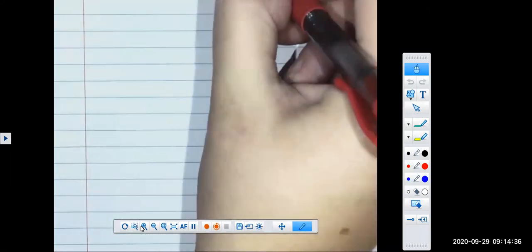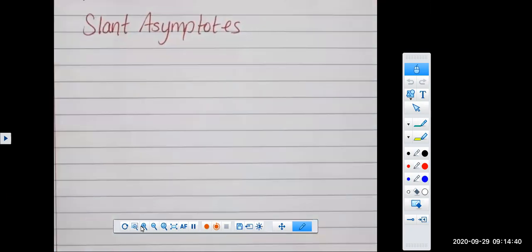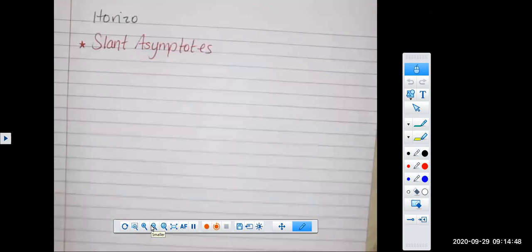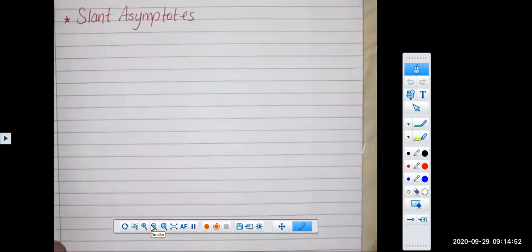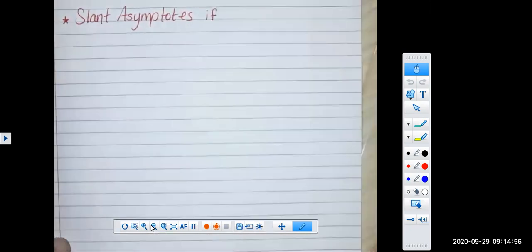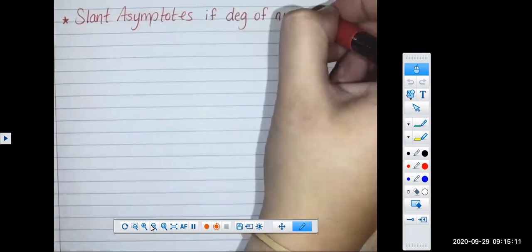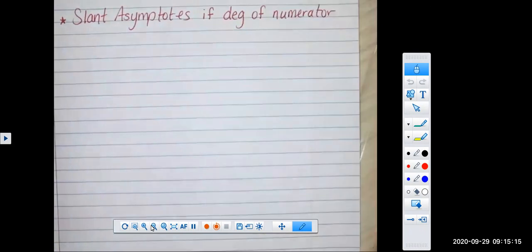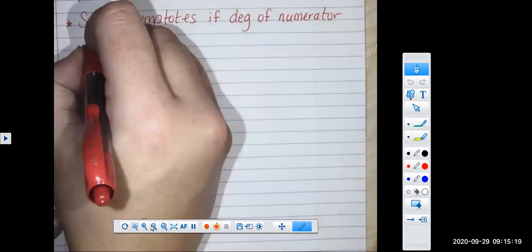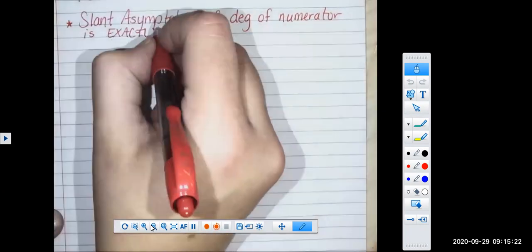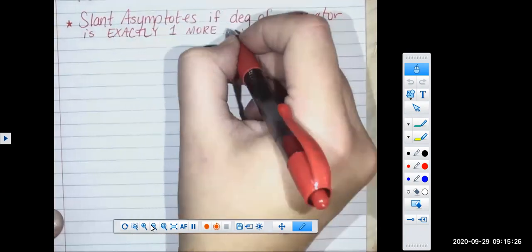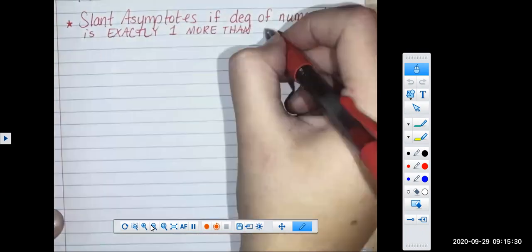Your graph will have a slant asymptote if the degree of your numerator is exactly 1 more than the degree of your denominator.